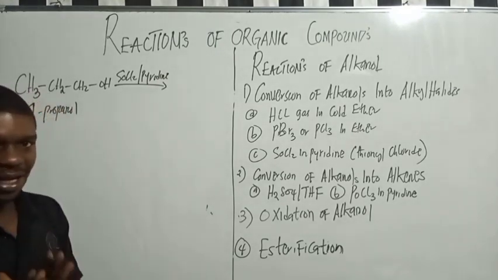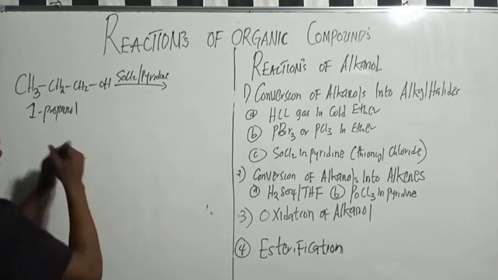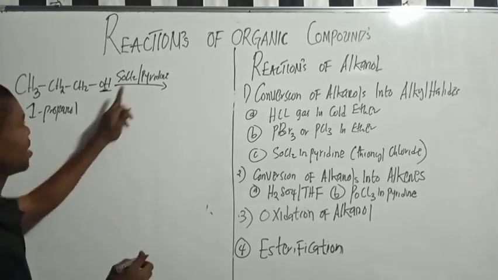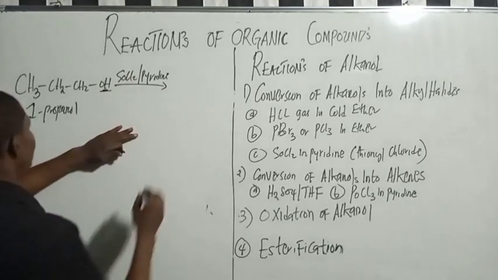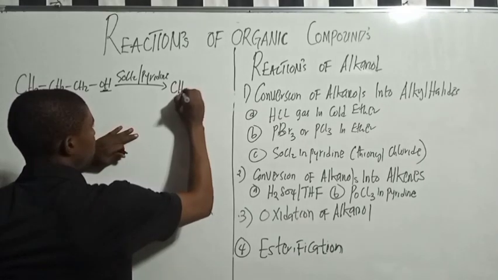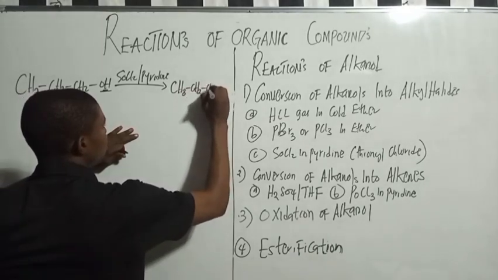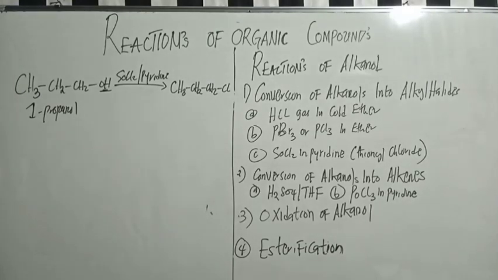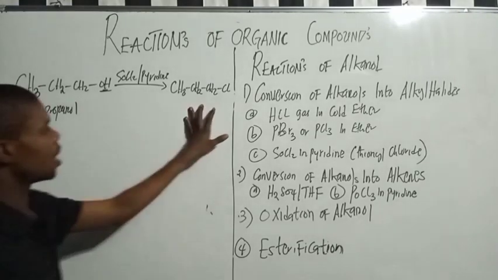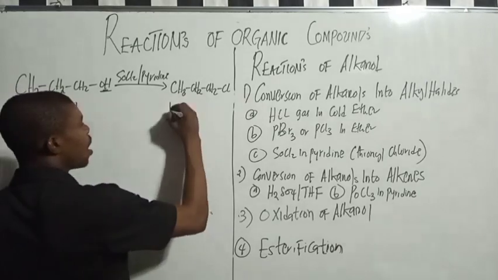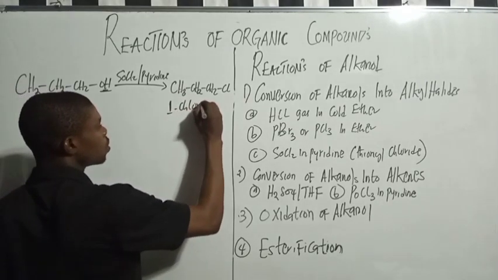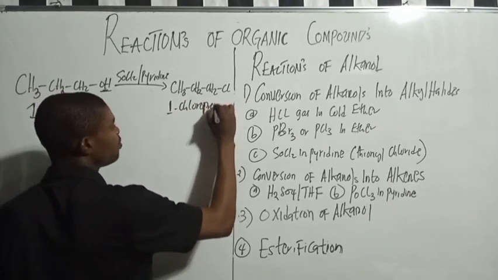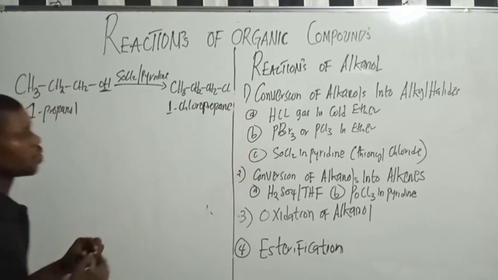The answer is very easy. You want to remove the OH here and replace it with Cl. So it will be CH3CH2CH2Cl. So the answer is going to be 1-chloropropane. This is 1-chloropropane.